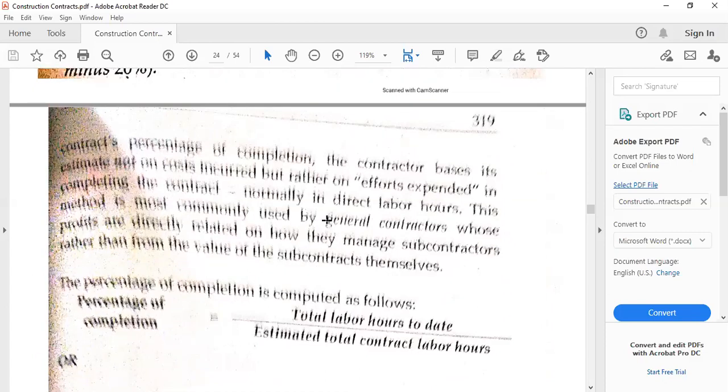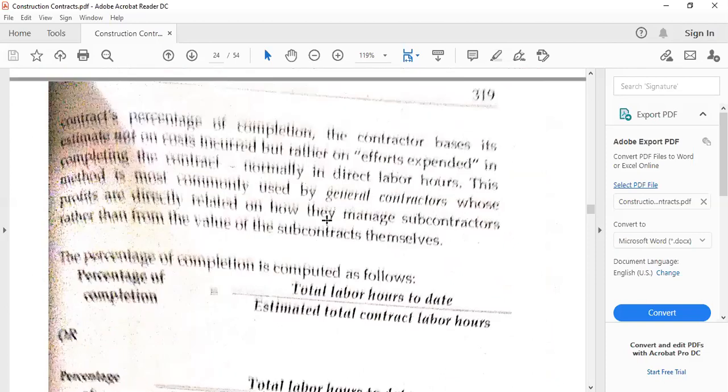what if, for example, we are going to make use of efforts expended? If we say efforts expended, meaning, let's say the number of hours or labor hours used in the construction, machine hours, among other factors. Meaning the efforts that are utilized for the construction or completion of the construction contract.